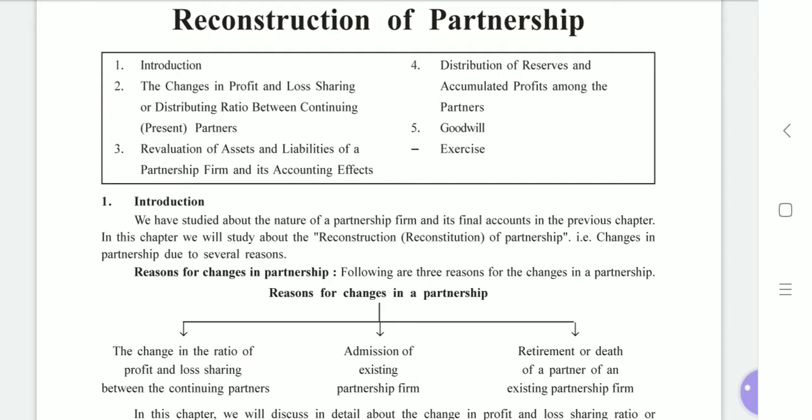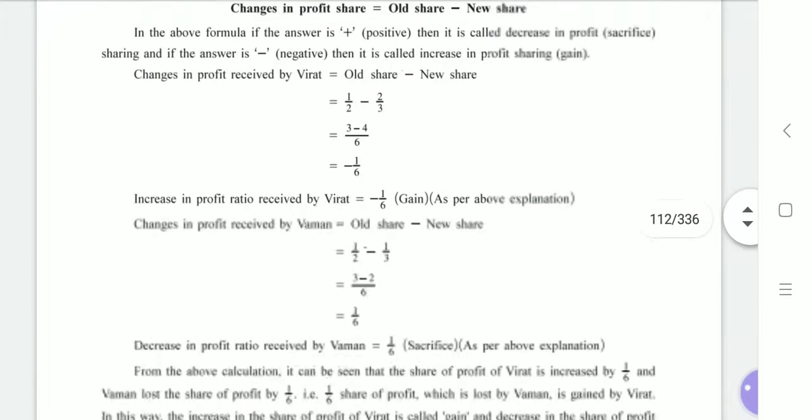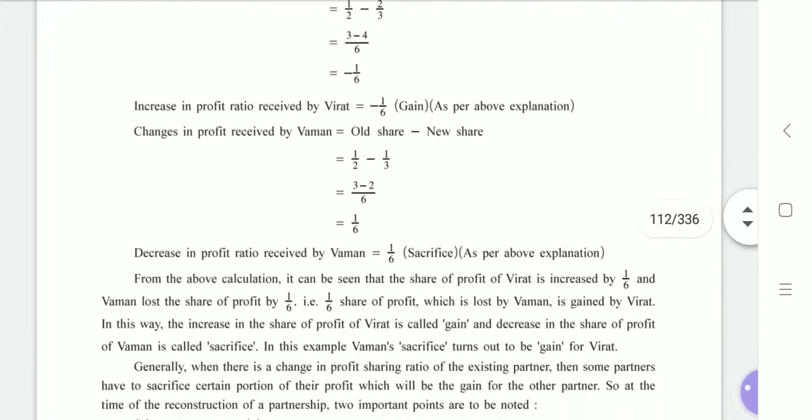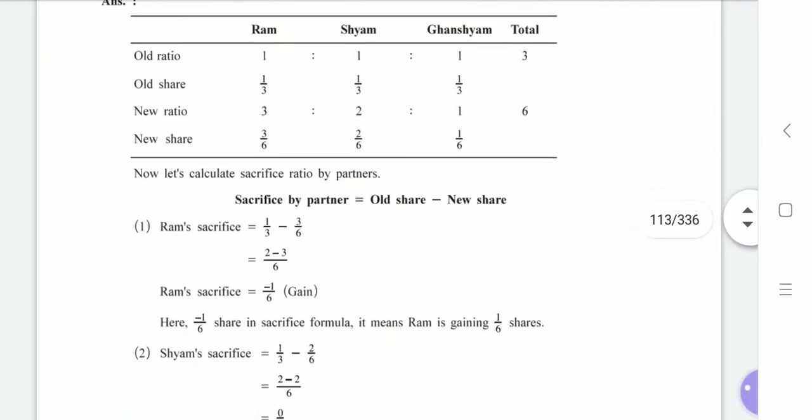This chapter explains us regarding sacrificing ratio and gaining ratio. Sacrificing ratio is old share minus new share, whereas gaining ratio is new share minus old share.